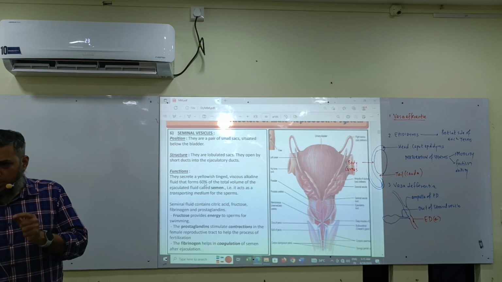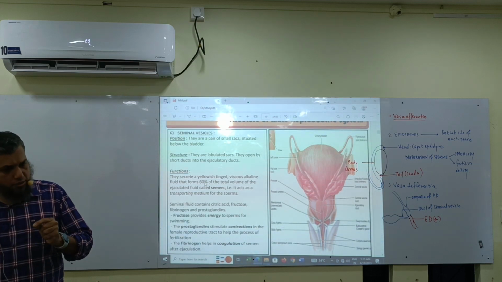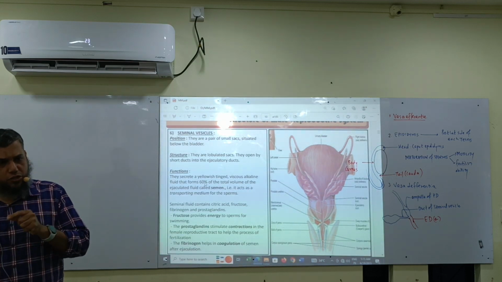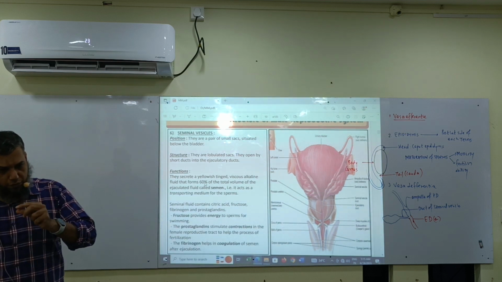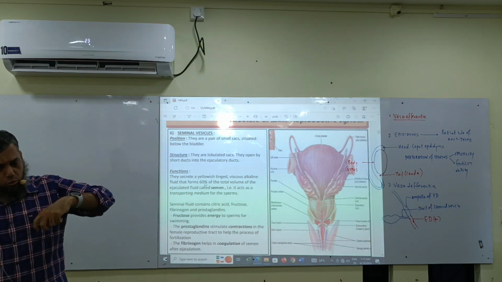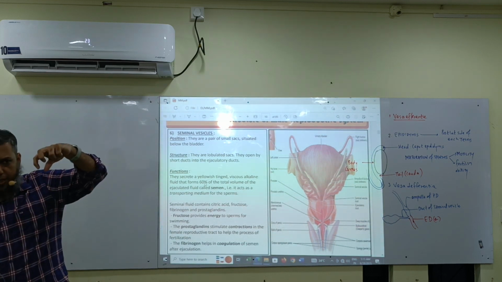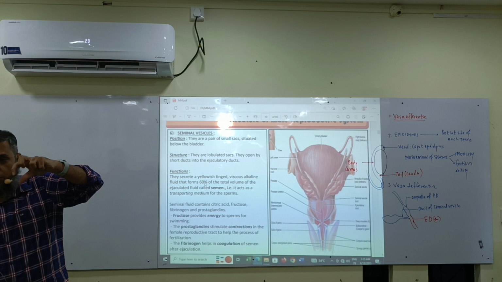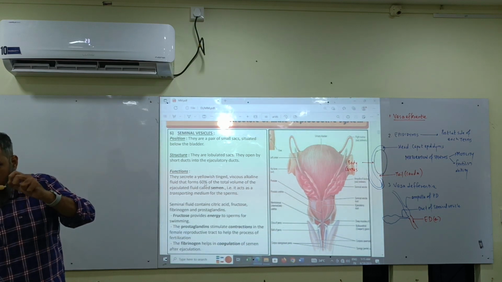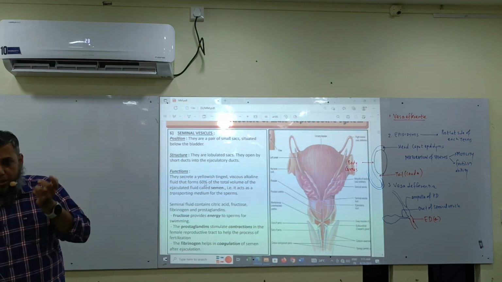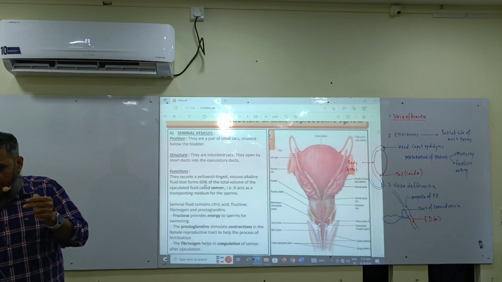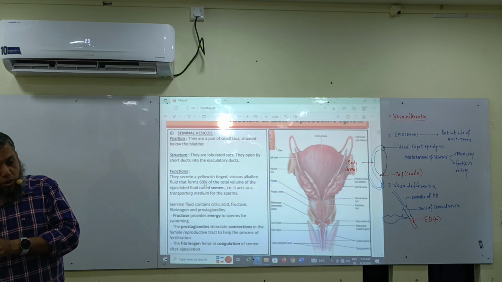Correct? Then from the tail part starts the vasa deferentia, paired. Each vas deferens runs upward through the inguinal canal with the spermatic cord, turns over the ureters, gets dilated to form the ampulla, and the ampulla will join with the duct of the seminal vesicle to form the ejaculatory duct. The ejaculatory duct will pierce through the prostate gland into the urethra.